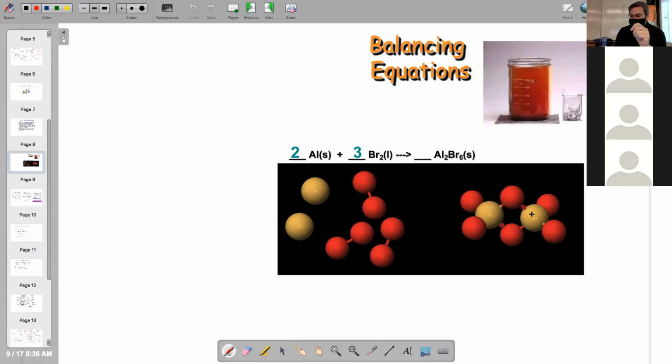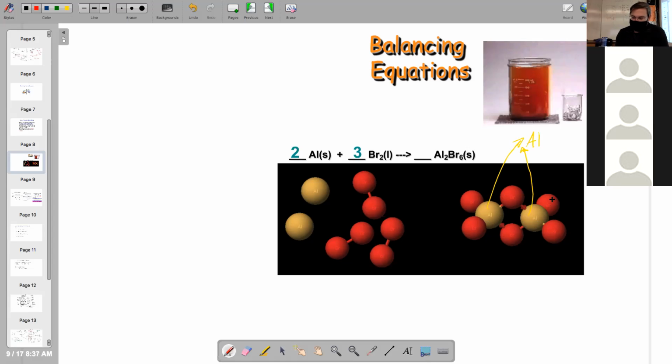This little diagram is not unlike the thing we did with the M&Ms. This Al2Br6 compound, there's 2 aluminums. So these yellow things are the aluminums. There's 2 of them. And then there are these 6 bromine atoms. And the 6 bromines kind of surround the 2 aluminums.